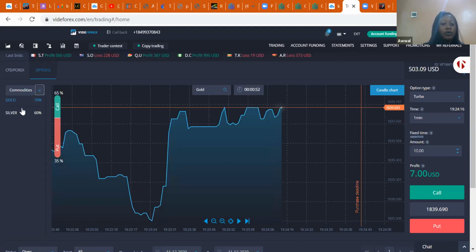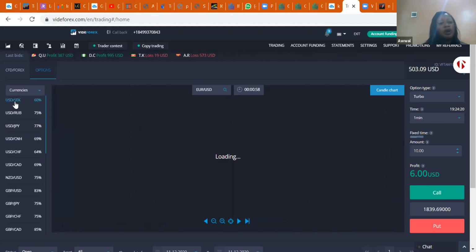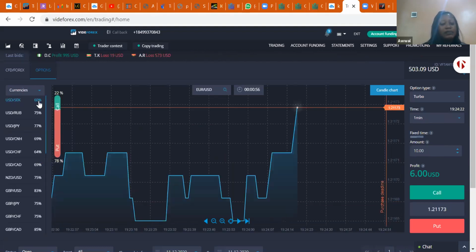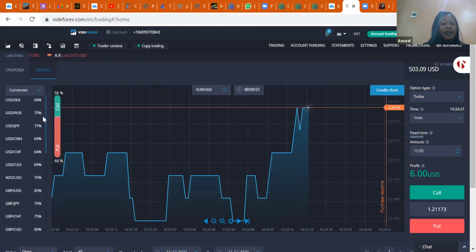So now let us go back to currencies. You would see some numbers beside the currency pairs. You can see 60%, 75%, USD JPY as 77%, USD CNH as 69%, and so on.